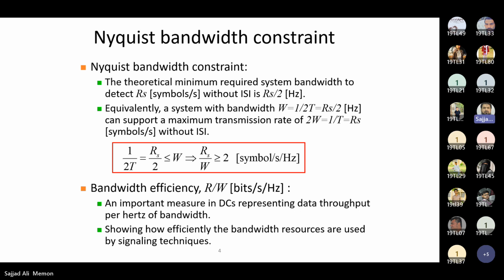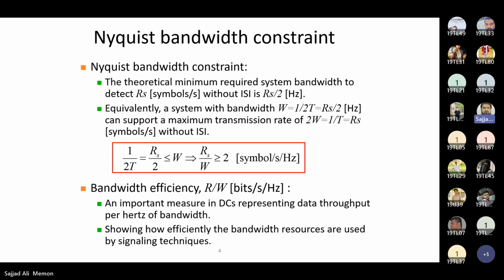However, a system with bandwidth W equal to 1 over 2T, that is equal to Rs by 2, because 1 over T is equal to Rs, can support a maximum transmission rate of Rs symbols per second without inter-symbol interference.